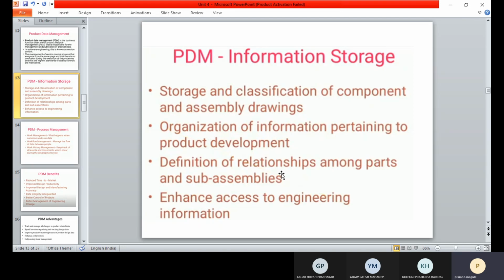Then the second point, organization of the information pertaining to product development. This is an important stage: definition of the relationship among the parts and subassemblies. As I told you in the example, suppose I require an M8 bolt for a gearbox casing, and I visit the PDM or inventory stock and take an M8 bolt from their rack.